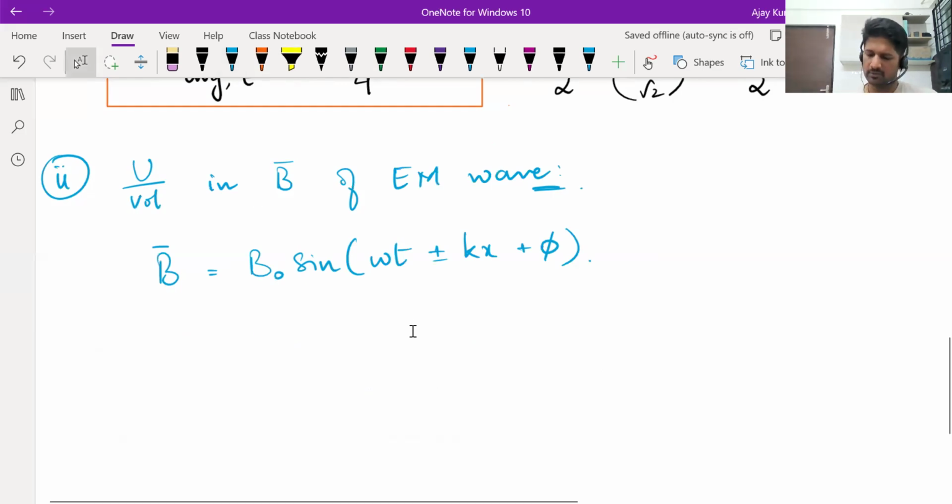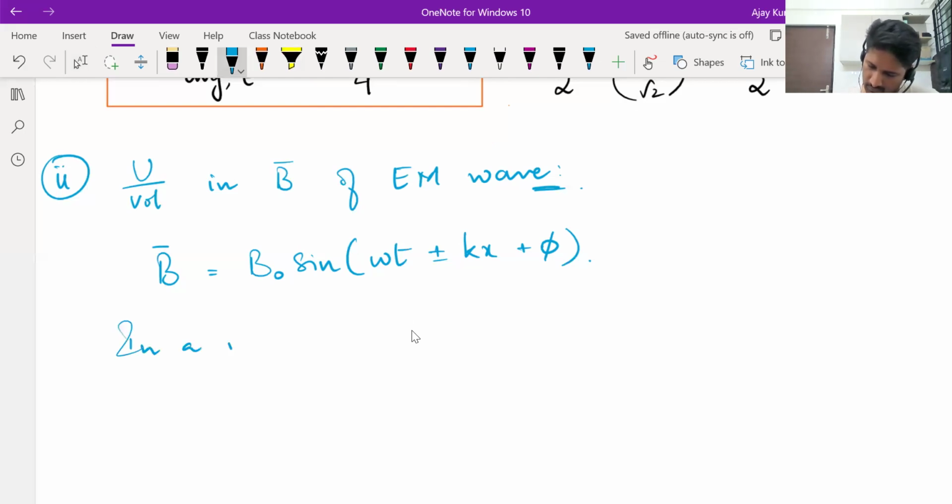Can one of you tell me the formula for energy density in a magnetic field? General formula. In a magnetic field B, how much is the energy per unit volume?